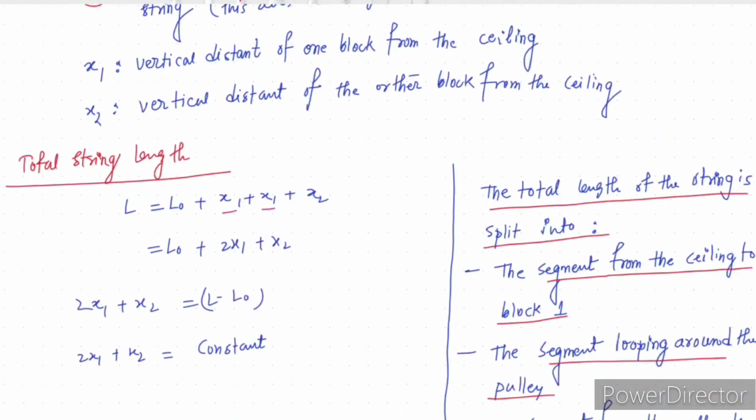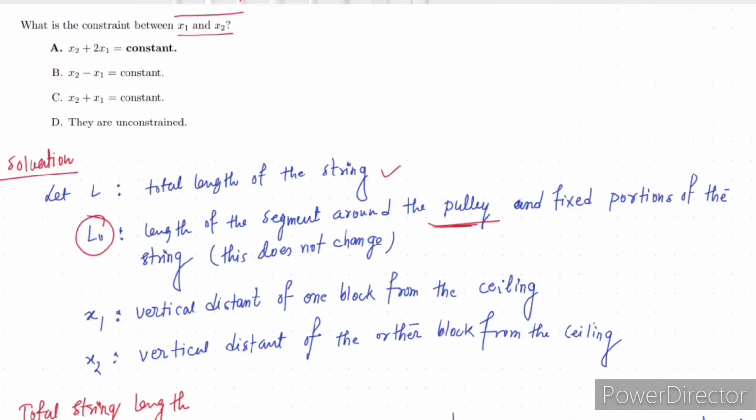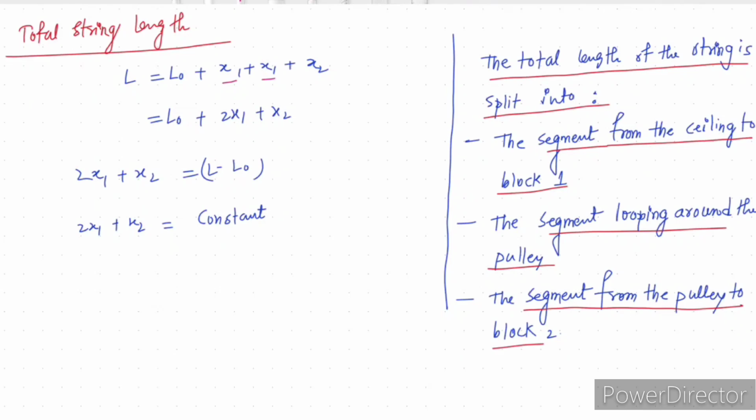So for these regions, x1 plus x1 and x2. The first segment, from the ceiling to block 1, is x1 plus x1. The segment looping around the pulley is L naught. The segment from the pulley to block 2 is x2. Splitting this length, we finally get L equals L naught plus 2x1 plus x2.